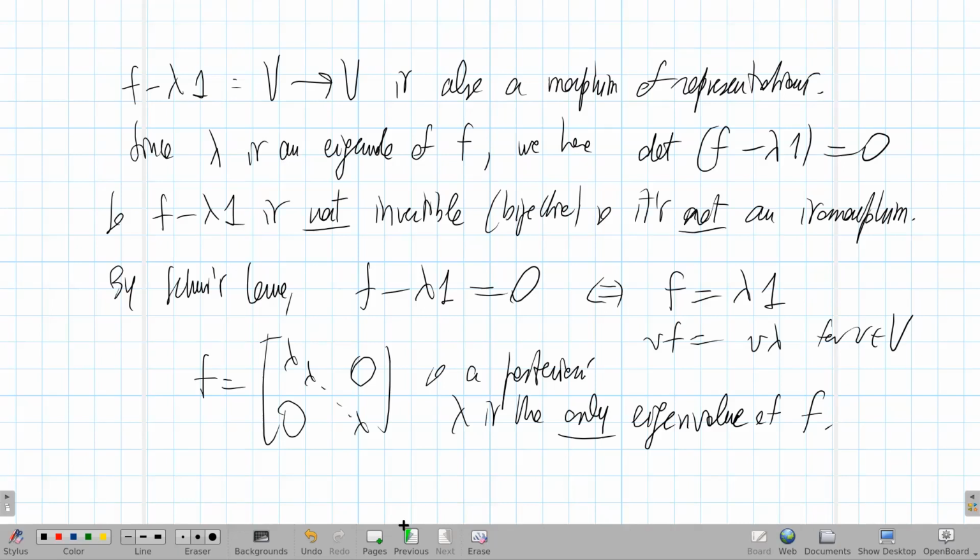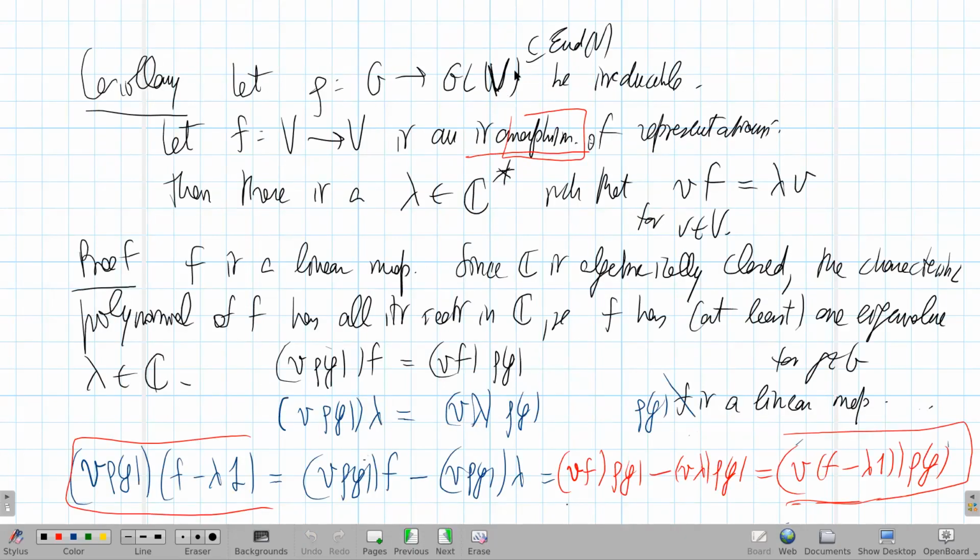So what we want to do, sooner or later, but it will be next week, is to define these characters. As I said, characters are a very economical way of considering representations, because a representation, if V has dimension n, associates to every g in G an n times n matrix, so you associate n squared numbers.